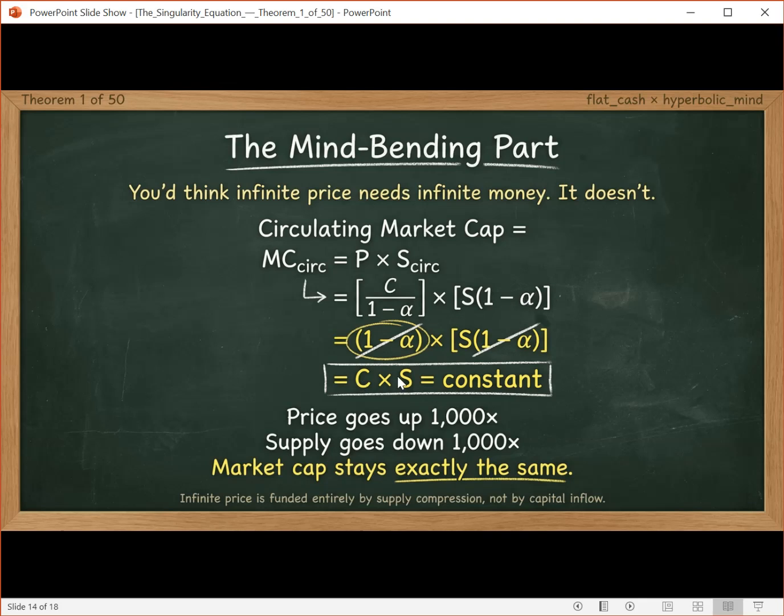What is left is C times S, which is constant. So that means the singularity constant times supply is constant. So price goes up 1000x, supply goes down 1000x automatically. It just derives from math.